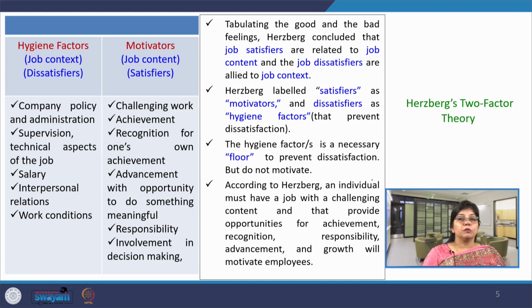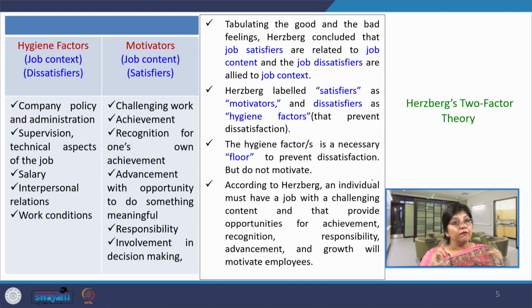So, based on the responses, Herzberg identified two kinds of factors, hygiene factors and motivators. Hygiene factors were related to the job, but they were termed dissatisfiers because they were not motivating employees, whereas motivators were related to the content of the job and they were satisfiers because they were motivating the employees.